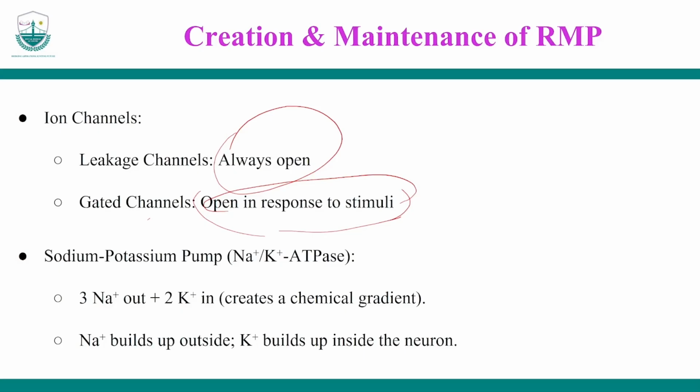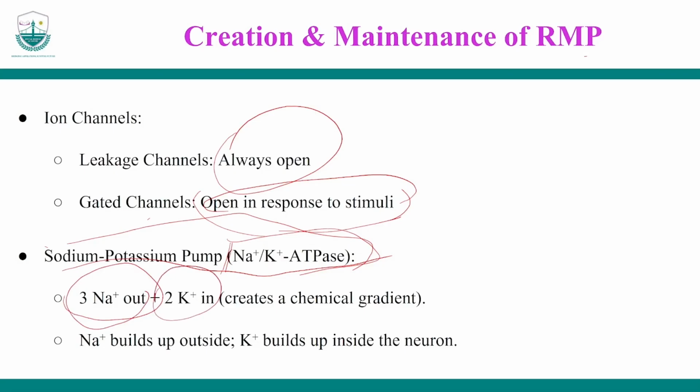One of the major contributors to the resting membrane potential is the sodium potassium pump that exists in these membranes. There is an enzyme called sodium potassium ATPase that helps in pumping sodium ions out and getting potassium ions in.